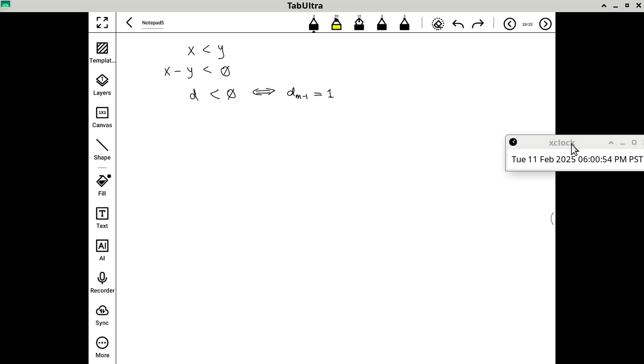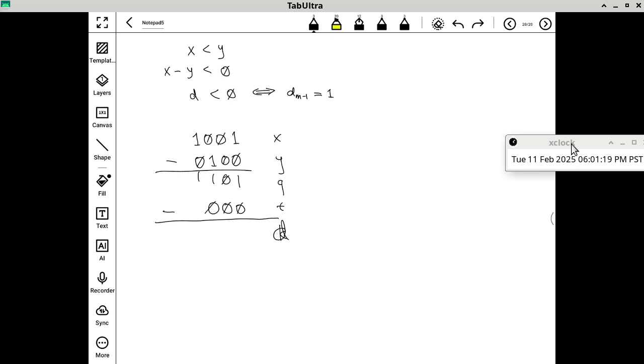The way it doesn't work is easy. We have 1, 0, 0, 1, and then we're going to subtract 0, 1, 0, 0 from it. The result has a 1, a 0, a 1, a 0 assumed, and so on, and then we have 1, 0, 1, 0 here.